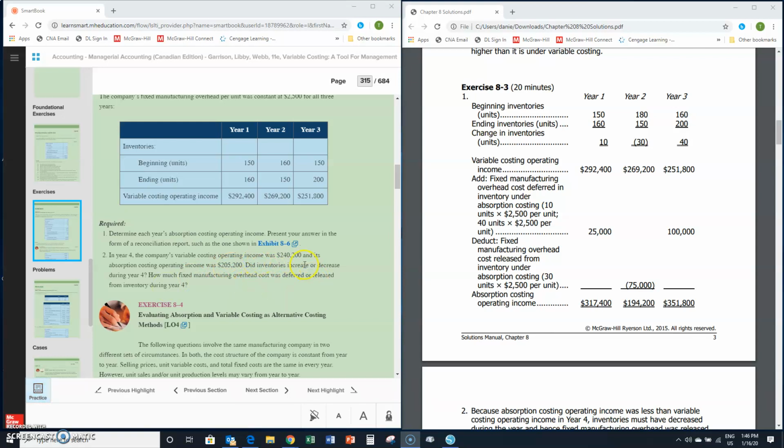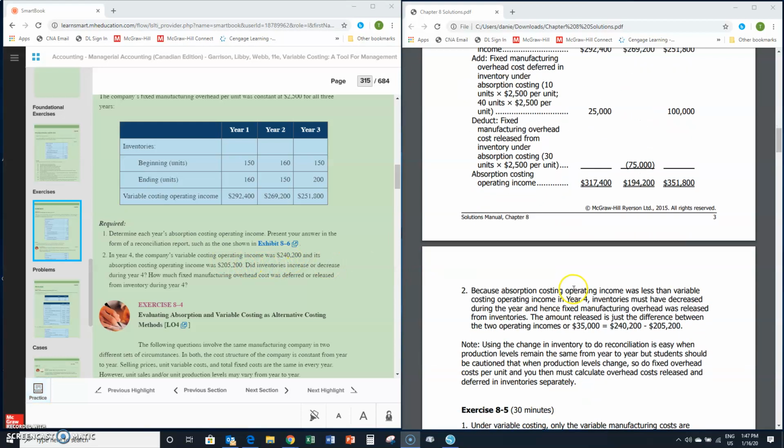We start with our variable costing income, and it was higher than our absorption costing. Because it was higher, that means we deducted, and we only deduct when our inventory decreased. Inventory decreased, which means that fixed overhead costs were released from inventory.